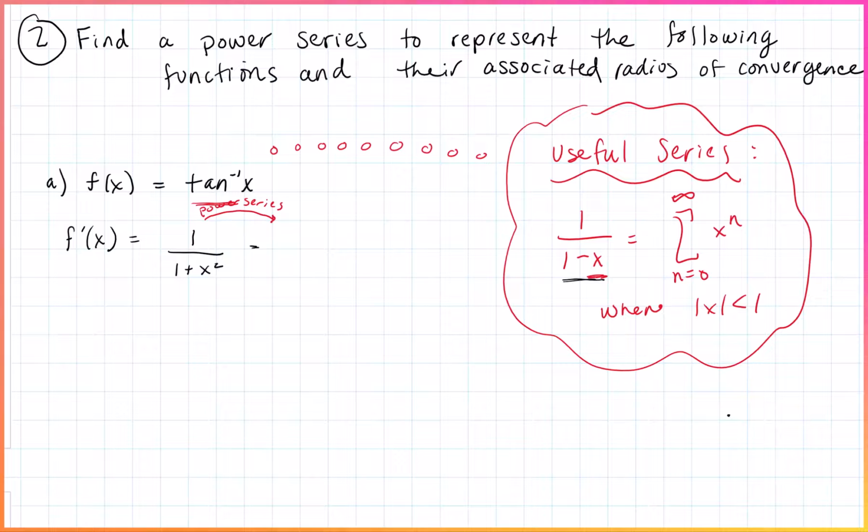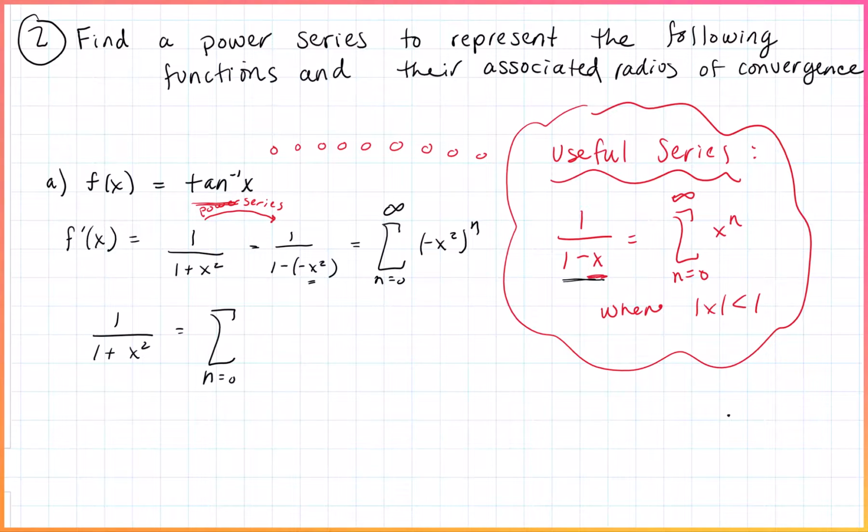So this power series, we could represent 1 over 1 plus x squared, because it's 1 over 1 minus a negative x squared. And so we could make that substitution into that useful power series we've been working with, negative x squared to the nth from n equals 0 to infinity. And 1 over 1 plus x squared is equal to the power series from n equals 0 to infinity of negative 1 to the nth, x to the 2n, which we'll write out a couple of terms.